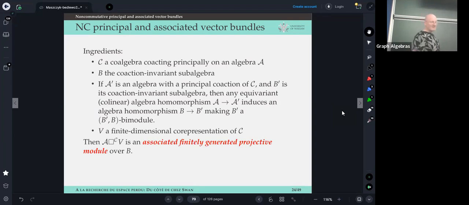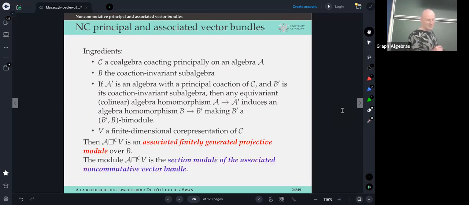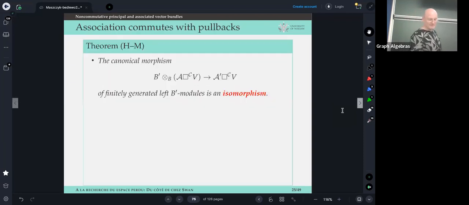And if we have a finite-dimensional representation of C, this Eilenberg-Moore cotensor product, denoted by this square, produces an associated finite-dimensional projective module over B. Okay, and we call this the section module of the associated non-commutative vector bundle.